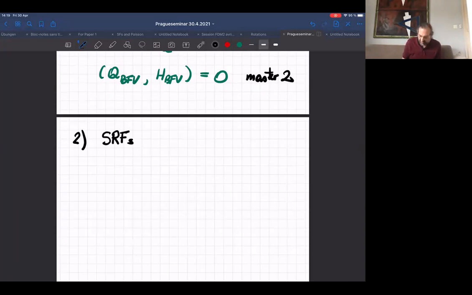It's like singular Riemannian foliations as mechanical constraint systems. So this is the classical part.